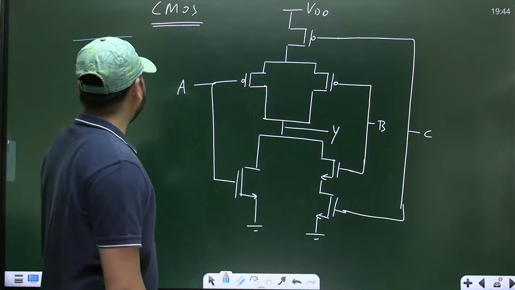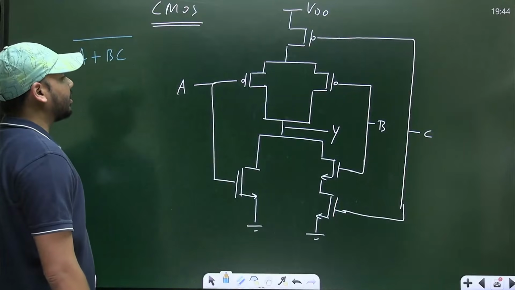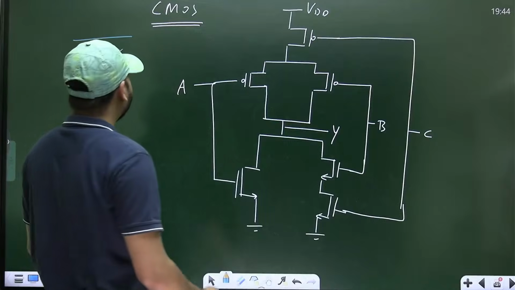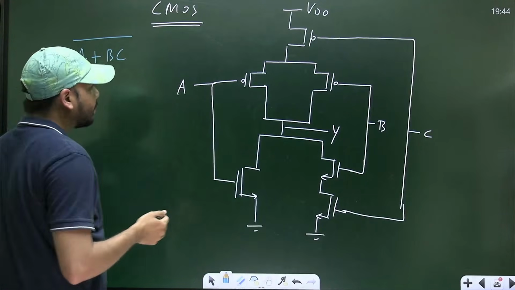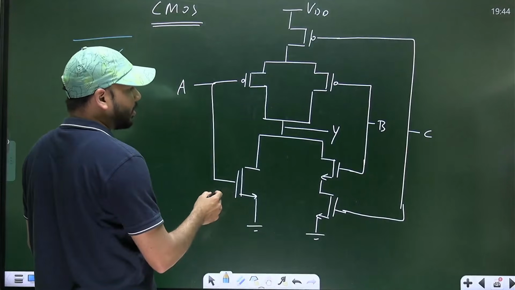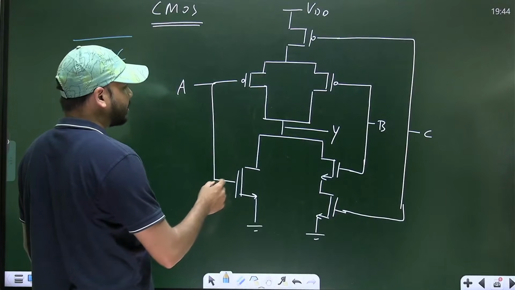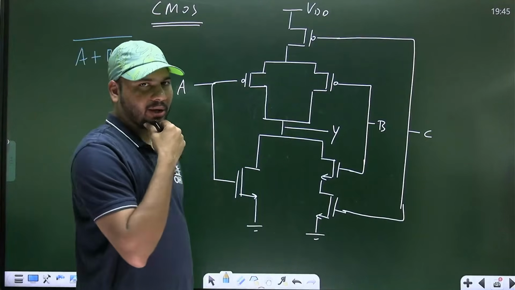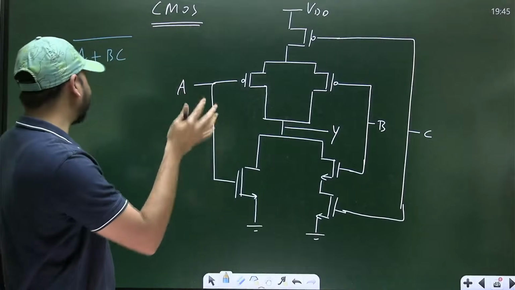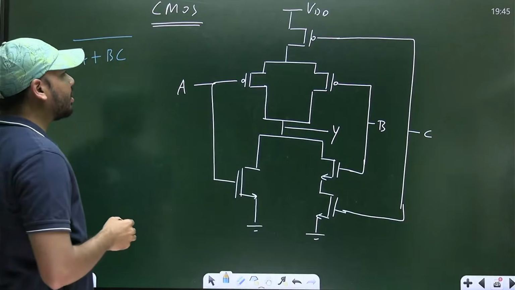But I think there is a problem with the given circuit diagram, okay? For it to be really A plus BC whole bar, here the input has to be C. So the inputs are not applied at the right locations for the logic function to be A plus BC whole bar.